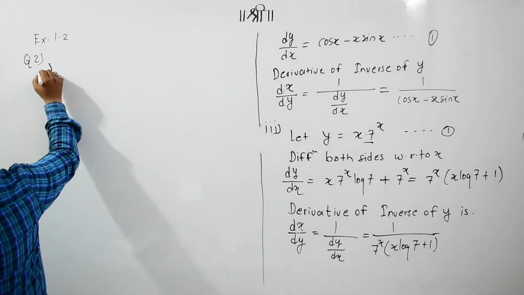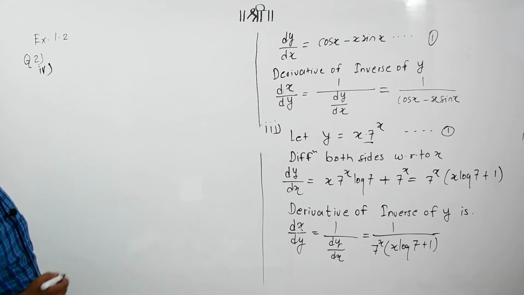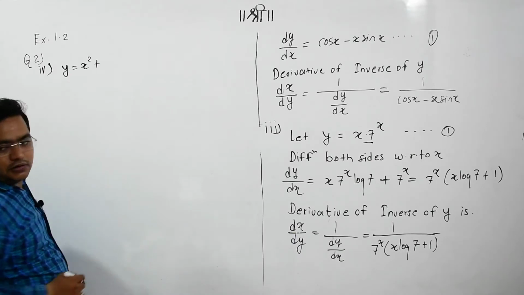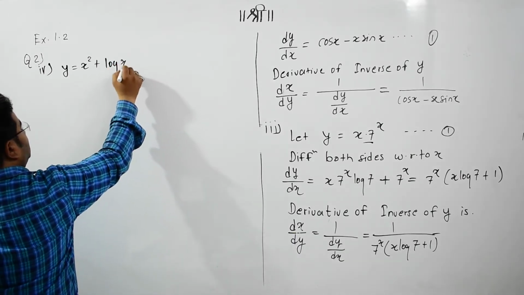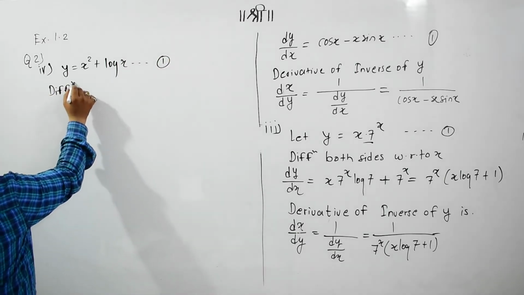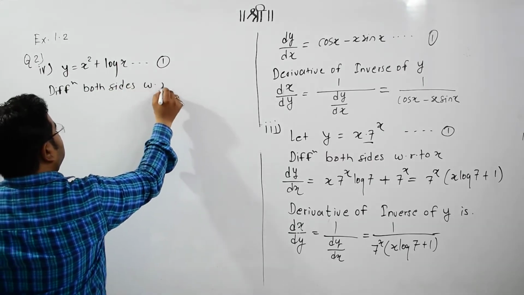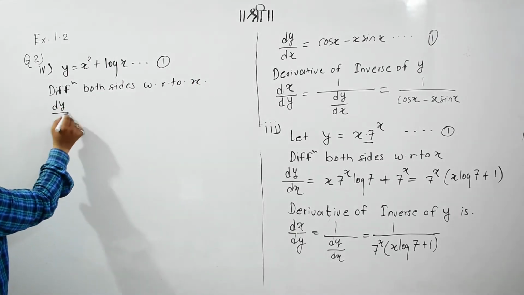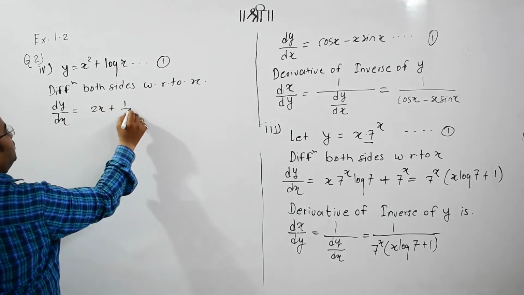Now the next step, question number 4 says: y is equal to x square plus log of x. This is equation number 1. Now differentiating both sides with respect to x, what you will get is dy upon dx, which is equal to 2x plus 1 upon x.